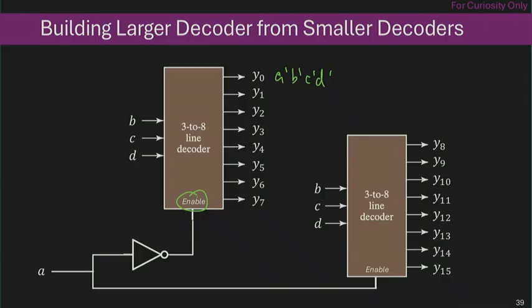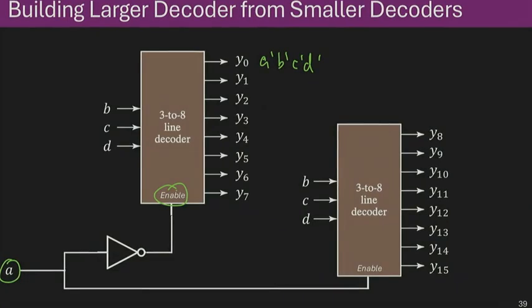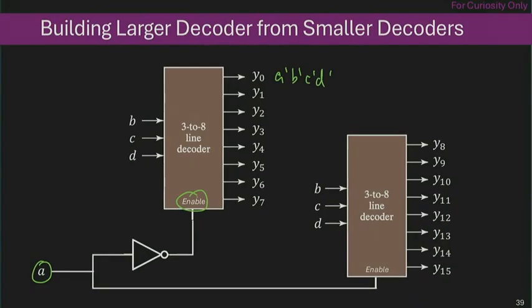And that, if that is connected to the complement of A, so the top side will only be working when A equals 0. So these minterms depend on A equals 0. So essentially, you can represent it as an A prime in the output minterm representation. And any minterm you have on the right have their enable signal connected to A, so they can be represented with A multiplied by the corresponding BCD minterm.